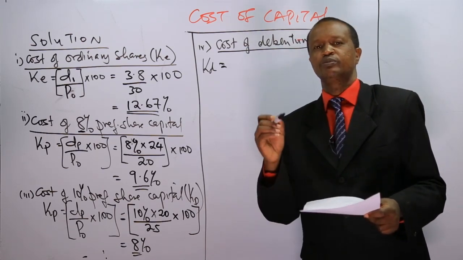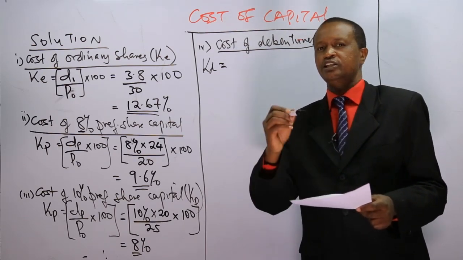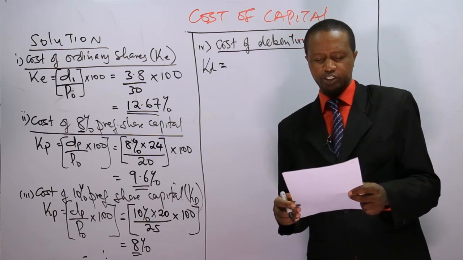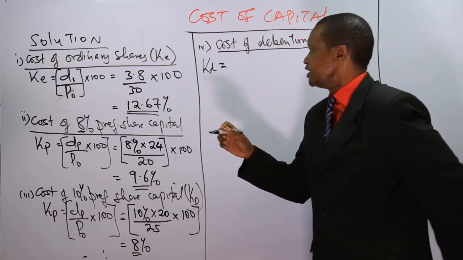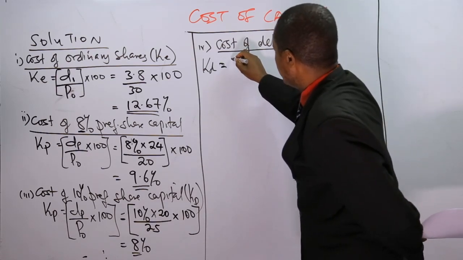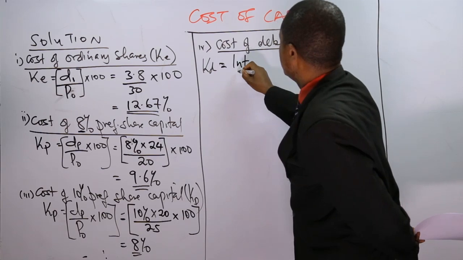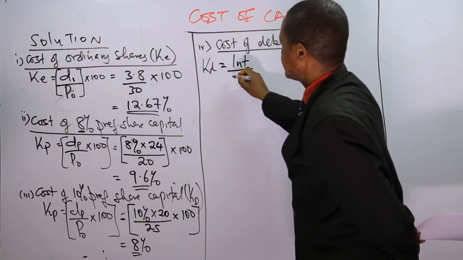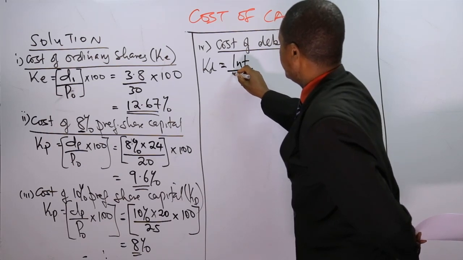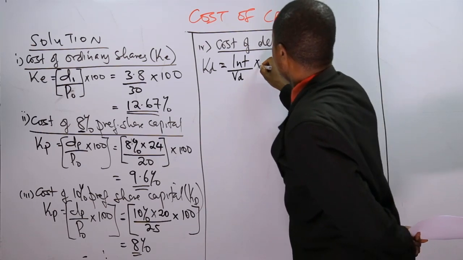So there is no information that would indicate that these are redeemable debentures. So the assumption here is that these debentures are perpetual. They are irredeemable. So the formula for irredeemable debentures is equal to the interest over VD, times 100.